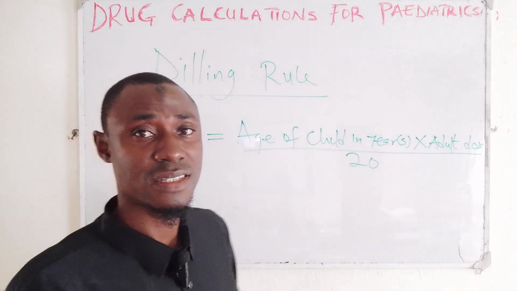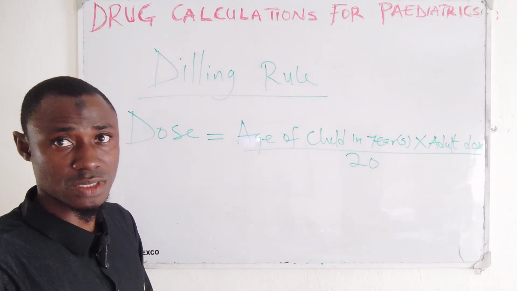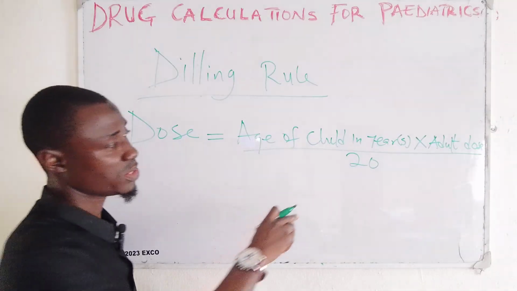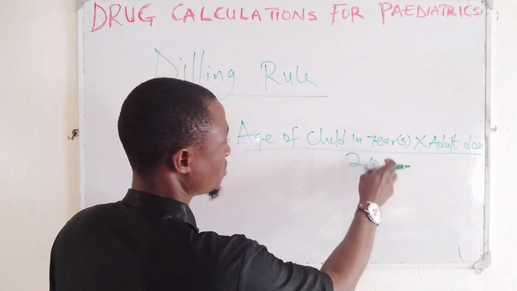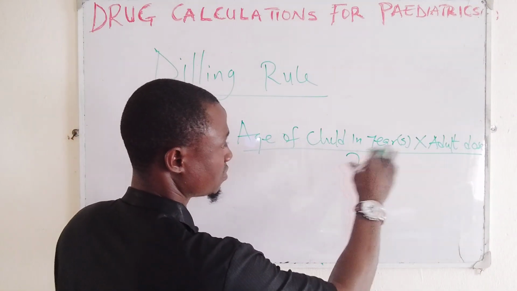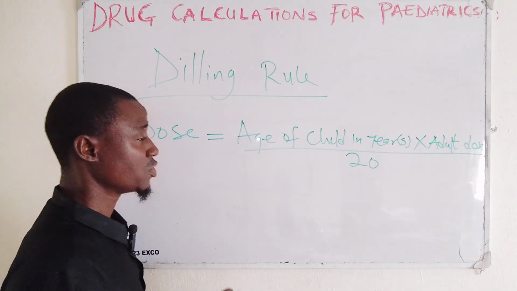So this is the formula for calculating drug dose using the Dilling's rule. If you look at this formula, the only difference is this denominator, that is this 20. Any other parameter is the same as that of the Young's rule.